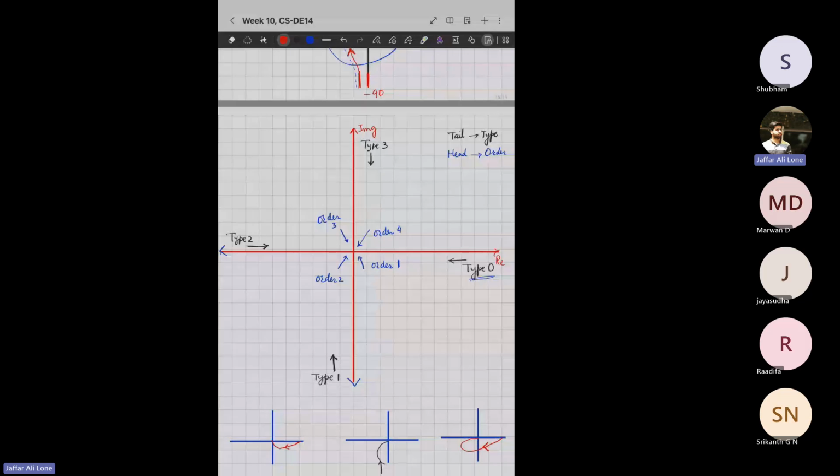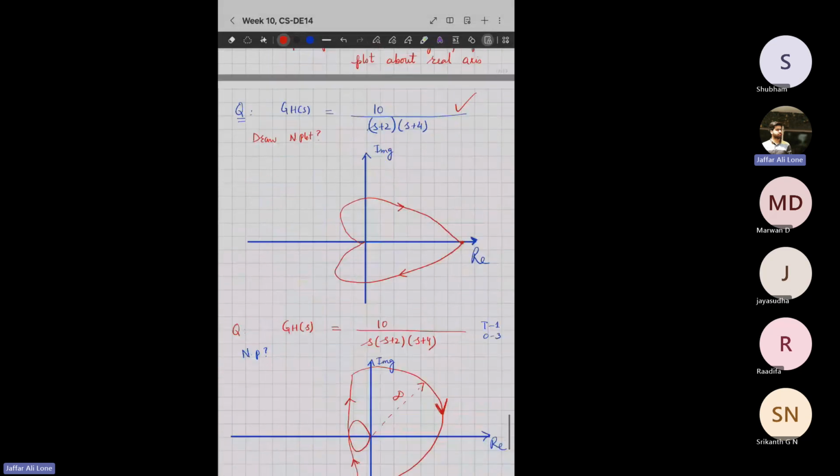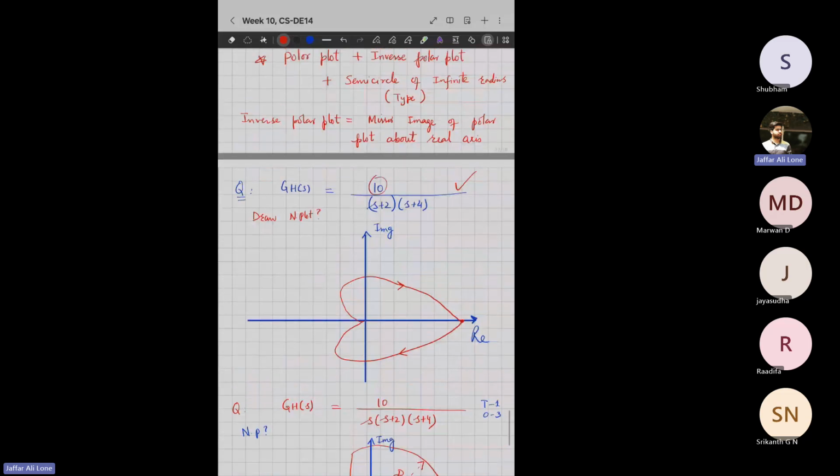From this chart, you can draw the polar plot of most transfer functions, but make sure you know what is type and what is order. Type is always given by the open loop transfer function, while order is given by the denominator of the closed loop transfer function. In the polar plot we see the open loop transfer function, but I could tell the order directly because there is a constant term in the numerator.